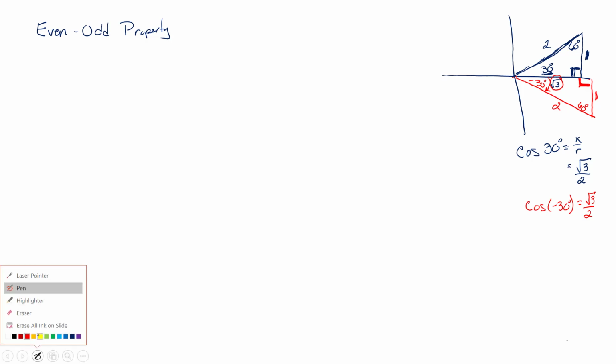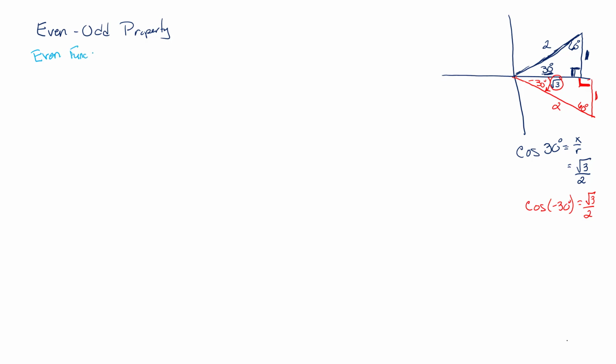Because they are exactly the same, cosine is considered an even function, because the cosine of theta is exactly the same as the cosine of a negative theta. Good? Okay.